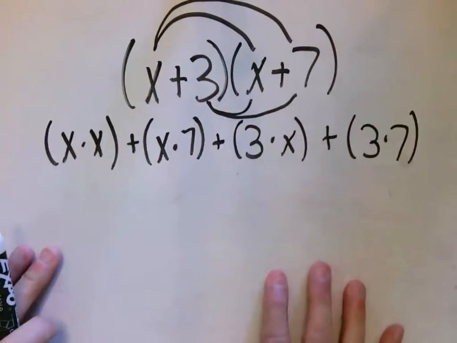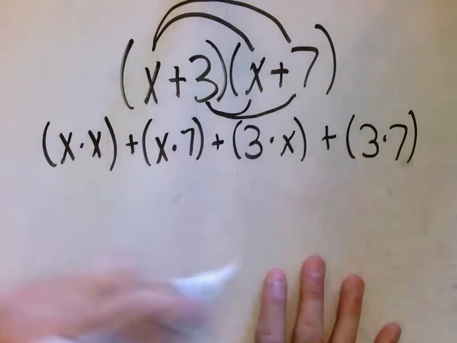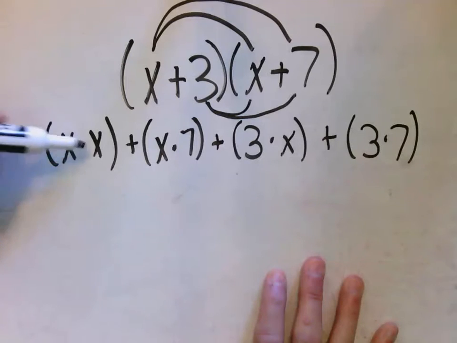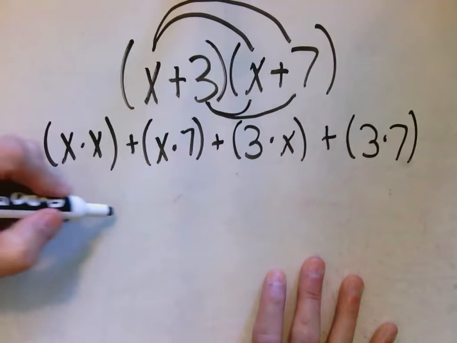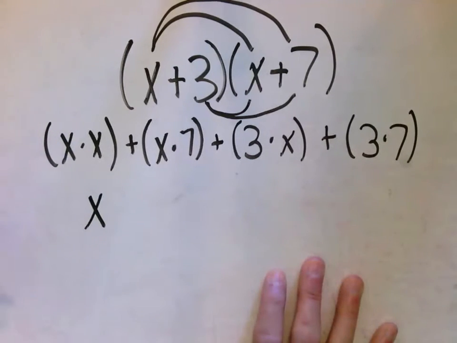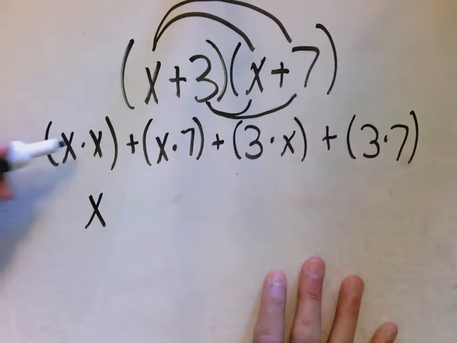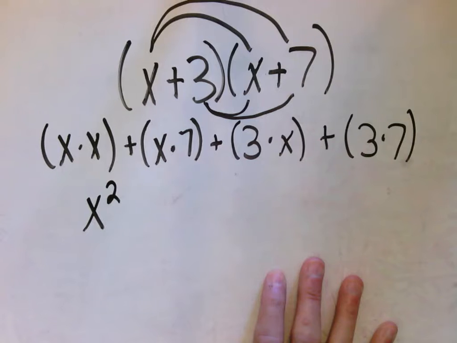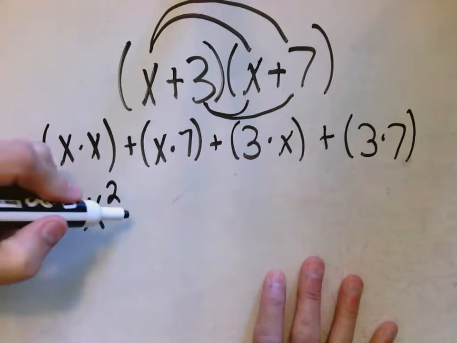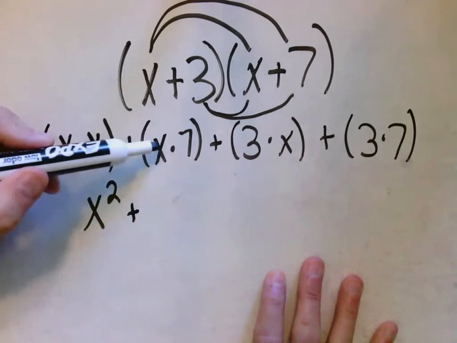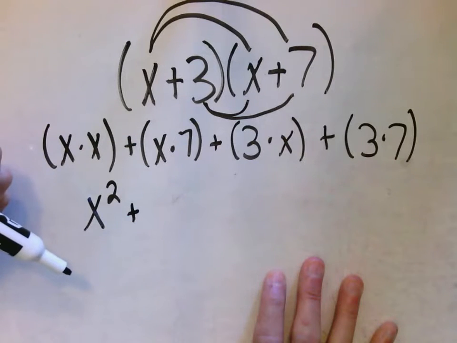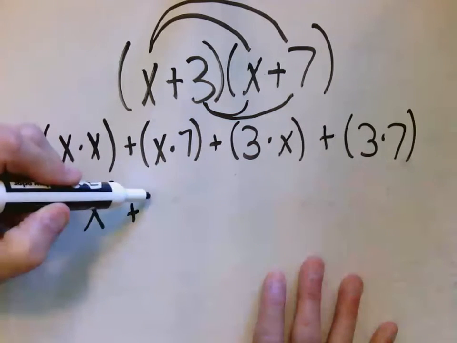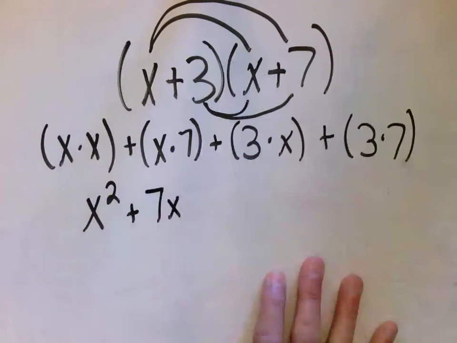Now, let's simplify each of these and see what we come up with. x times x. Remember, we said the other day that whenever you multiply a variable that's the same, you write the variable down, and then you count how many variables there are. So in this case, there are 2 x's, so x times x is x squared. We're going to add to that x times 7. x times 7, always put the real number first, becomes 7x.